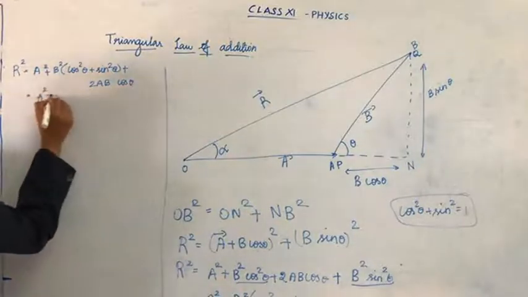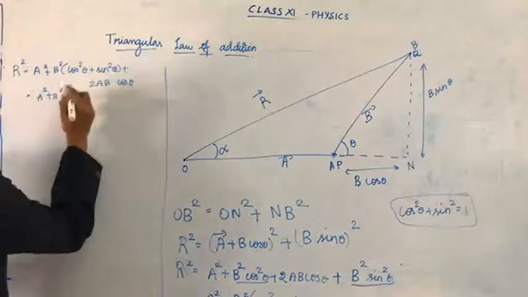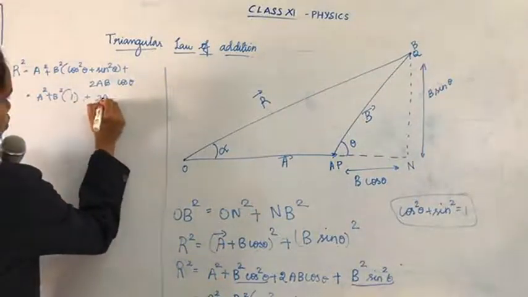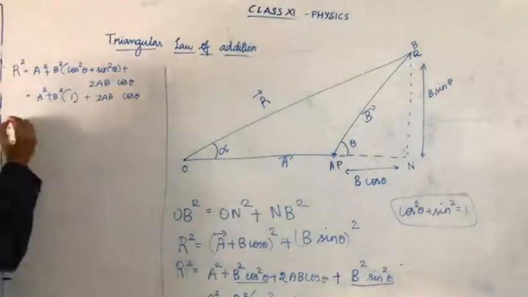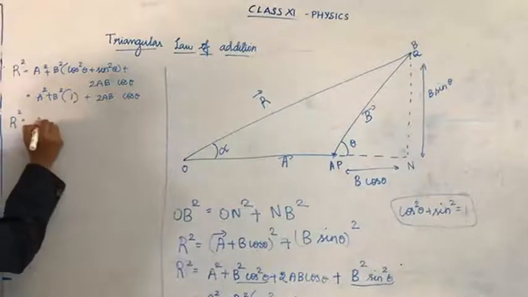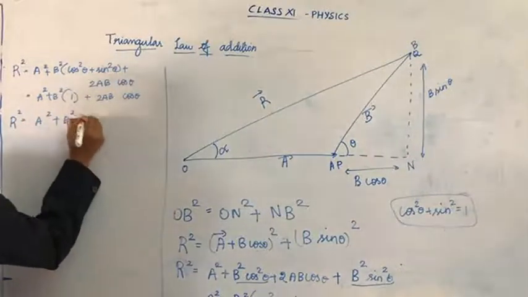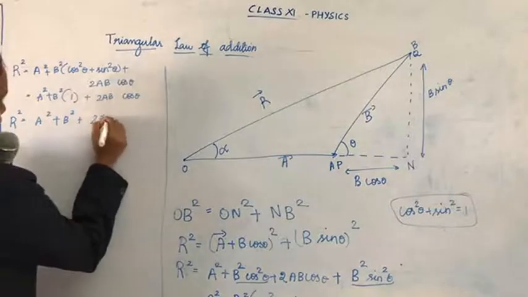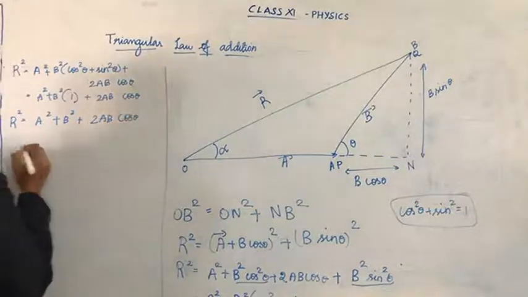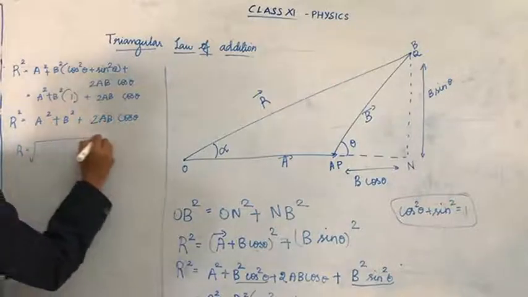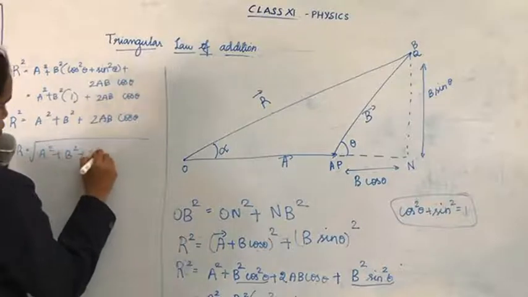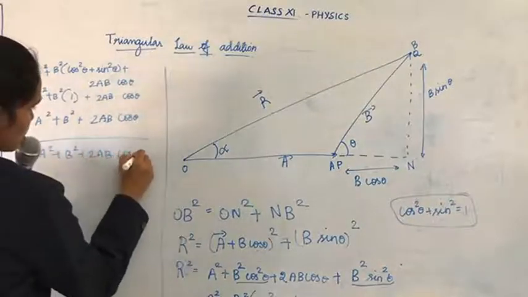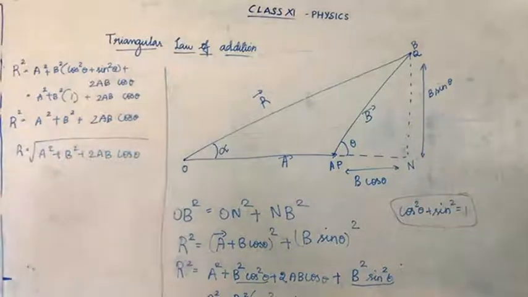Now A square plus B square into 1 plus 2AB cos theta. Here R square equal to A square plus B square plus 2AB cos theta. Now R equal to root of A square plus B square plus 2AB cos theta. This is the resultant of the vector.